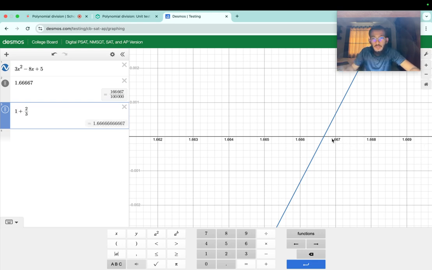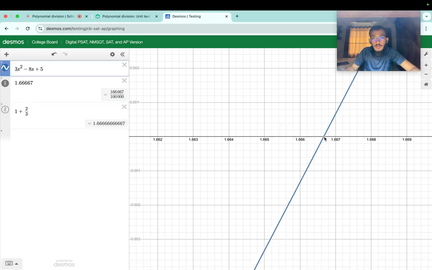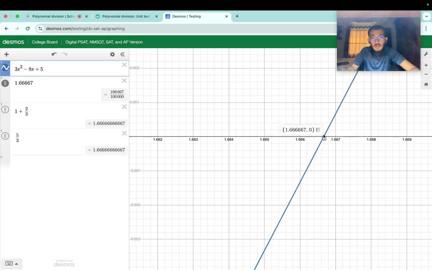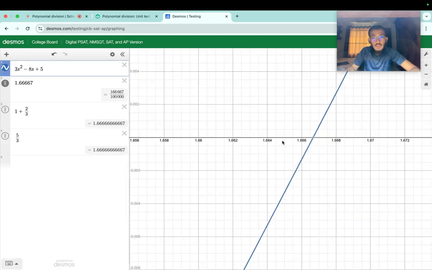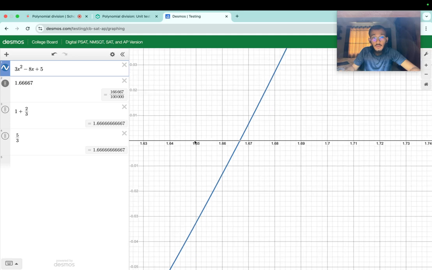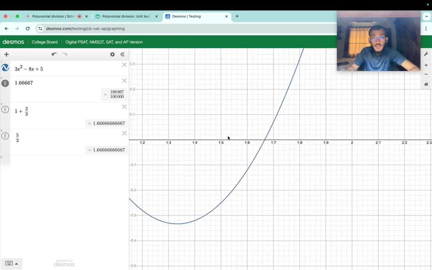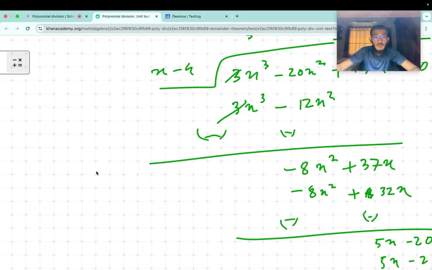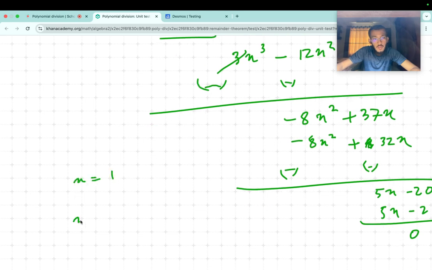So 3 plus 2 is 5 by 3, which is the same as what we have gotten here. So 5 by 3 is one root of this, and another root is 1. So x equals 1 and x equals 5 by 3.